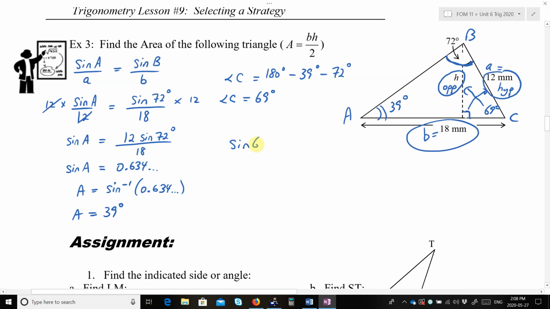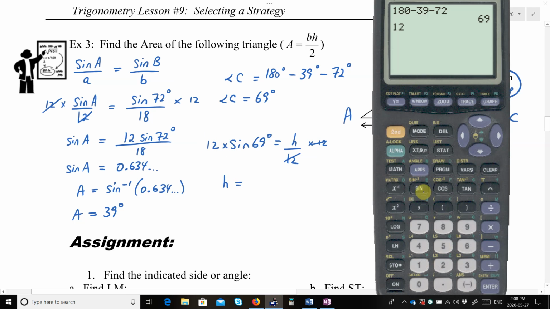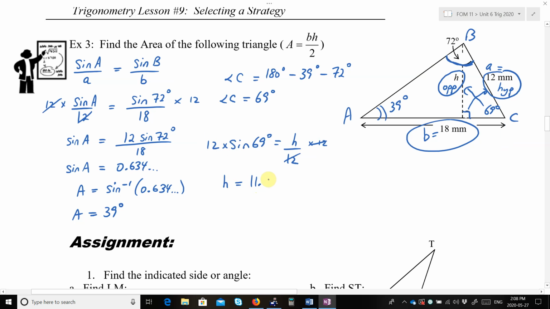So I would go sine of 69 degrees is equal to H over 12, and multiply both sides by 12 to get H by itself. 12 sine 69, and we get 11.2. Okay, so the height of the triangle is 11.2 millimeters.